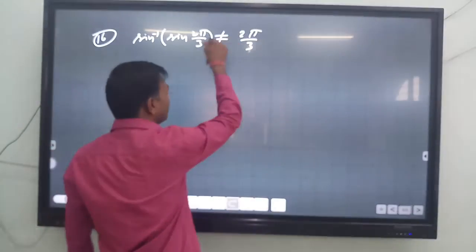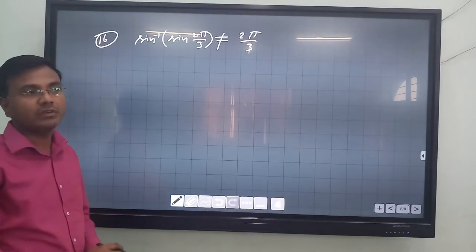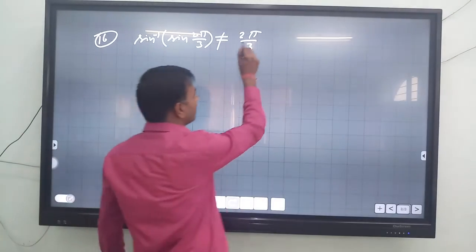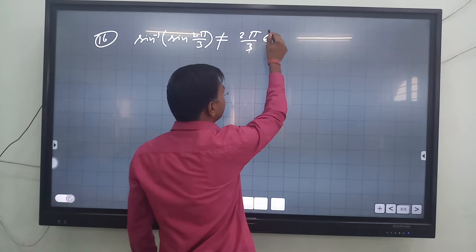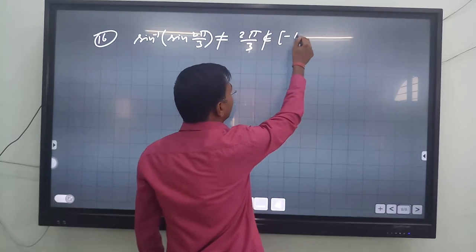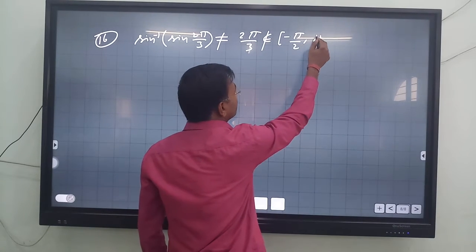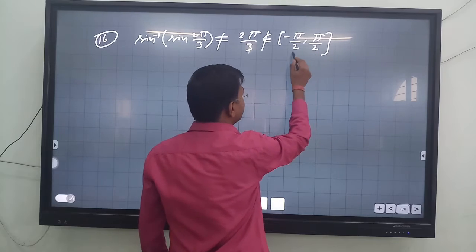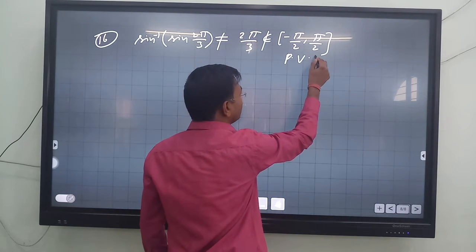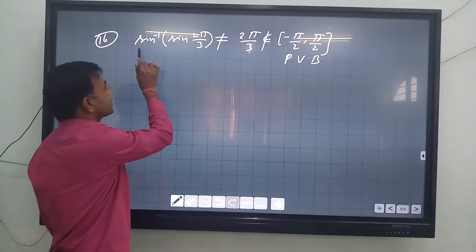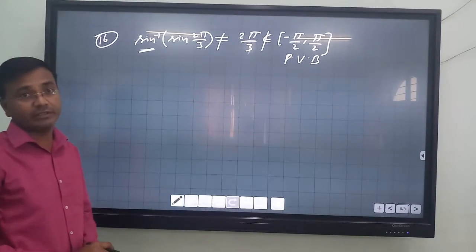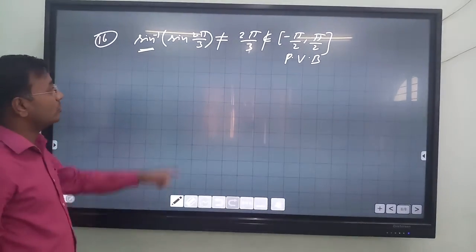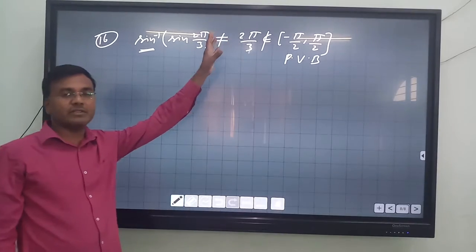But this is not true. This is wrong. Why? Can you answer? Because this does not belong to minus pi by 2 to pi by 2, which is the principal value branch of sine inverse function. Clear? So 2 pi by 3 cannot be the answer of this.